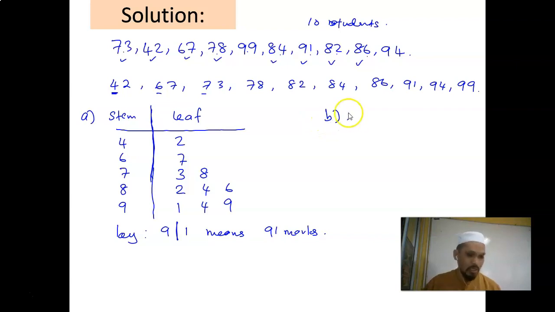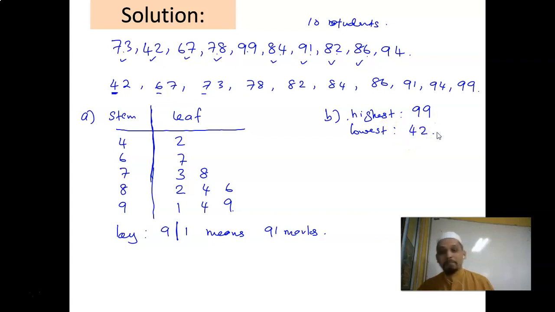What is the highest and lowest marks? So the highest marks is 99, as you see here, the last one, 99, and the lowest is 42. That's it.